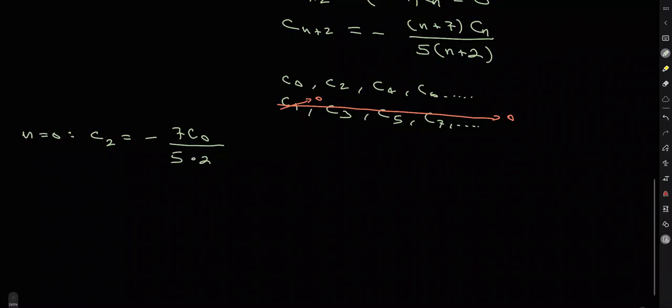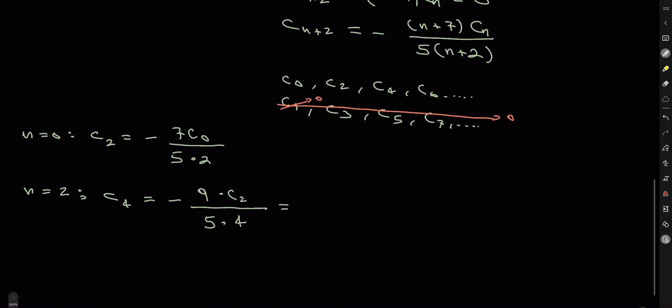And then, what's the next one? n equals 2, that is c sub 2 plus 2, which is c sub 4, equals negative 2 plus 7, which is 9, times c sub 2, okay? And then divide that by 5 times 2 plus 2, which equals 4.